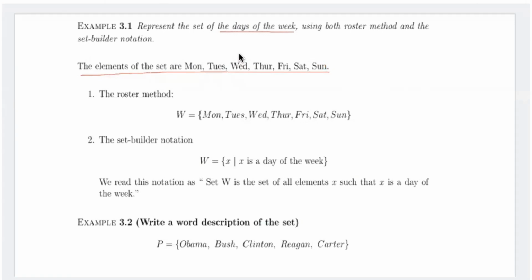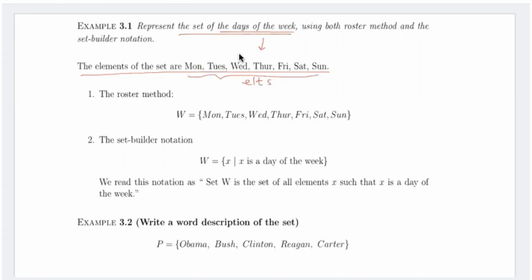Those are the set. So in words, we write: the set is Monday, Tuesday, Wednesday, Thursday, Friday, Saturday, and Sunday. It's the days of the week. This is the description of the set.